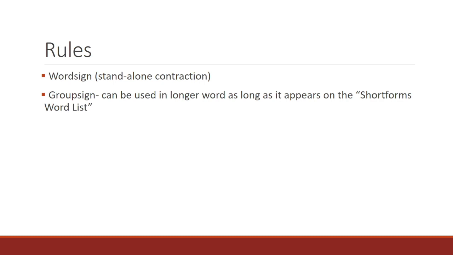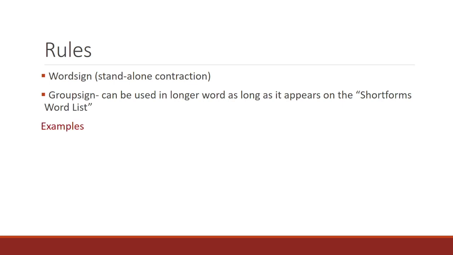This is a list of words maintained by the International Council on English Braille. Yes, there is a group that maintains and determines all of the rules, so there is no confusion. You can download the short form list in the description box below. It can also be found by Googling, quote, UEB short form word list, end quote.